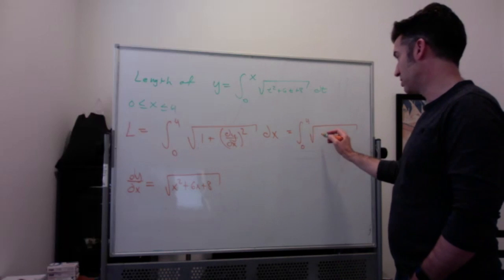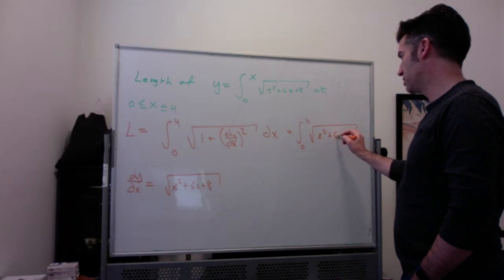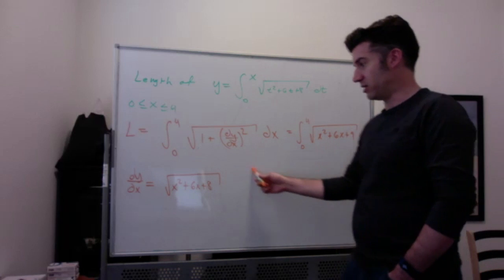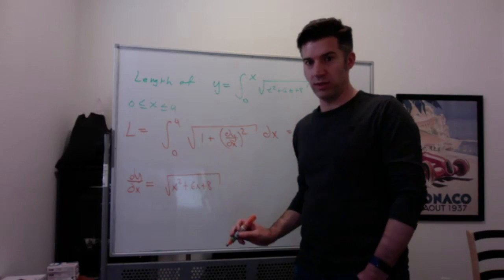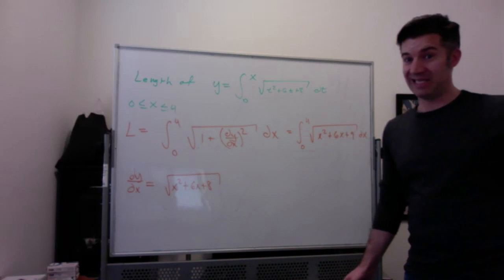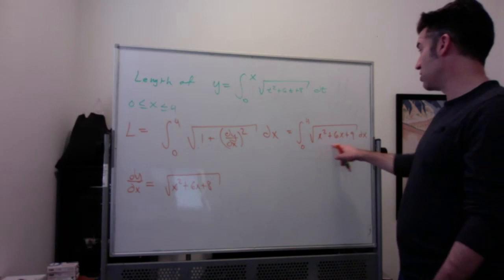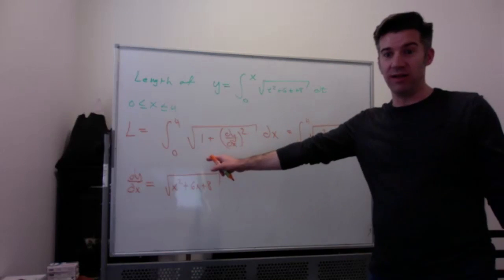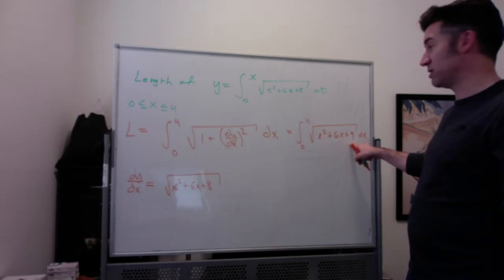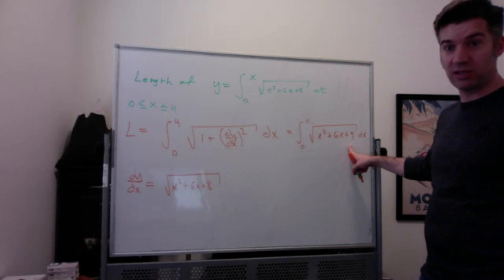So that's going to be the square root of x squared plus 6x plus 9. Again, I just squared this and added 1 to it. But now, by design, the thing you end up getting after you add the 1 simplifies nicely. x squared plus 6x plus 9 is x plus 3 quantity squared.